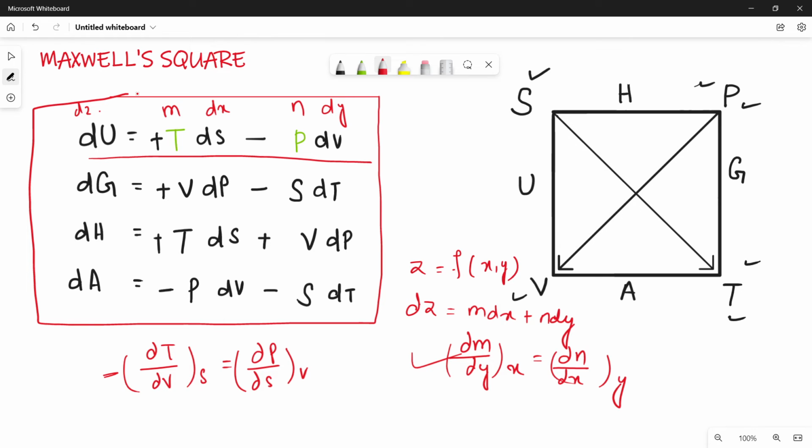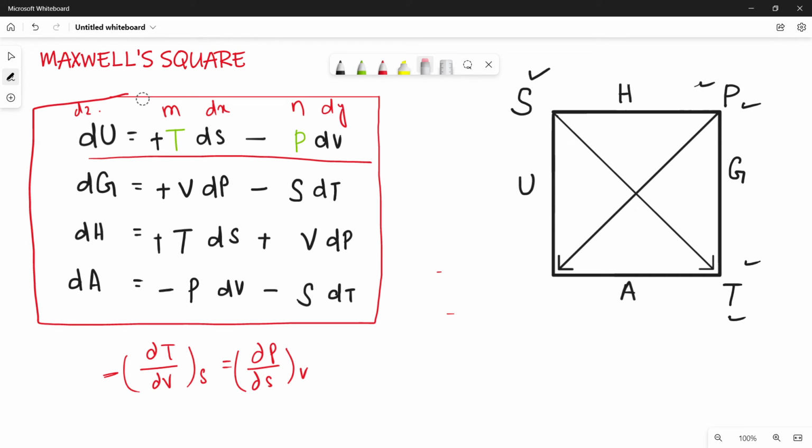I can write it here. Next we can find minus del S by del P at constant T is equal to del V by del T at constant P, then minus del P by del S. I have already written this.